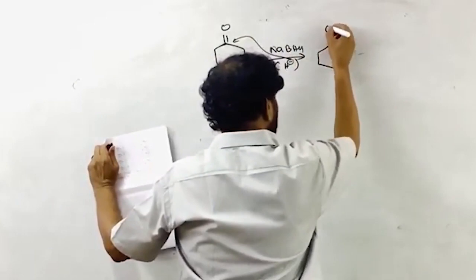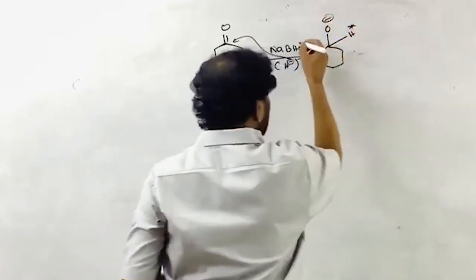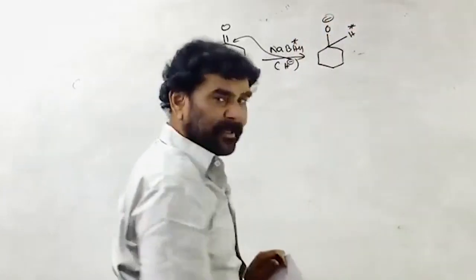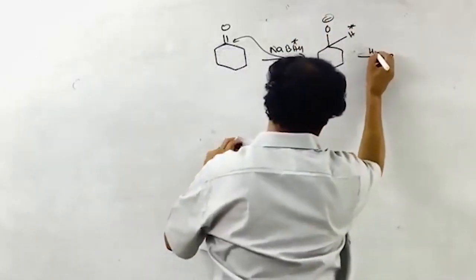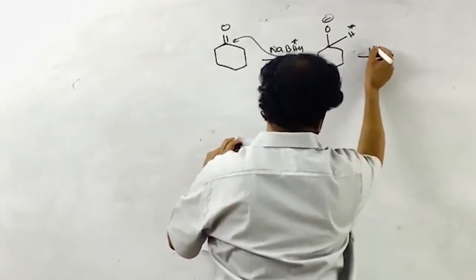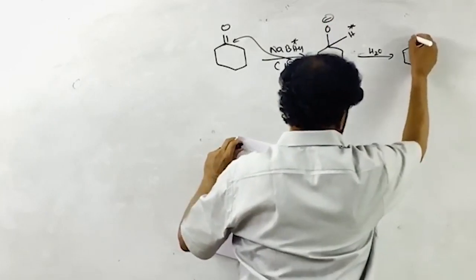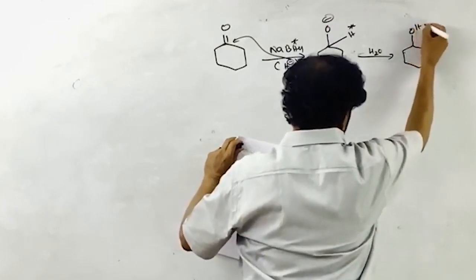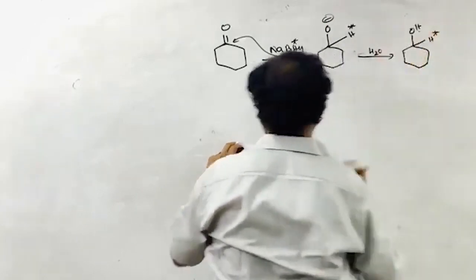The negative charge, the hydrogen is from sodium borohydride only. Then on treatment with water, on acidification, this supplies the hydrogen to the oxygen. The hydrogen on the carbon is from sodium borohydride, the hydrogen on the oxygen is from water.